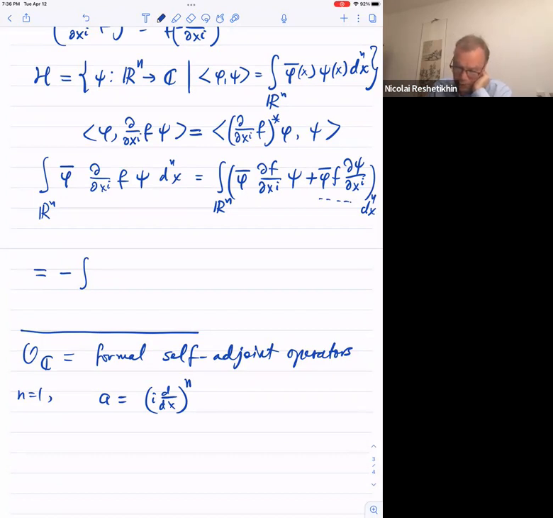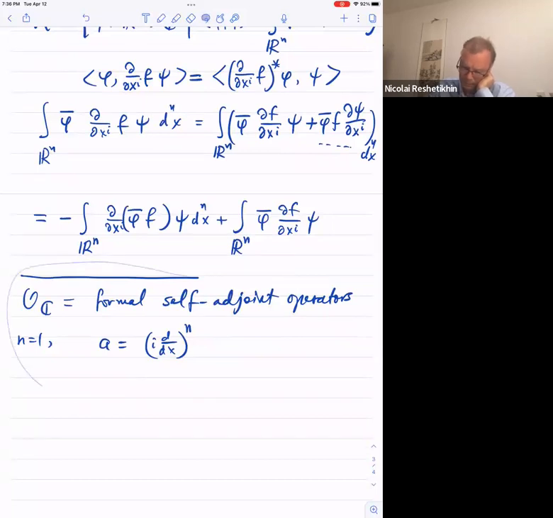That means that at least they decrease at infinity. So this is minus integral over Rn, and then dxi phi bar f psi plus integral over Rn phi df dxi psi.